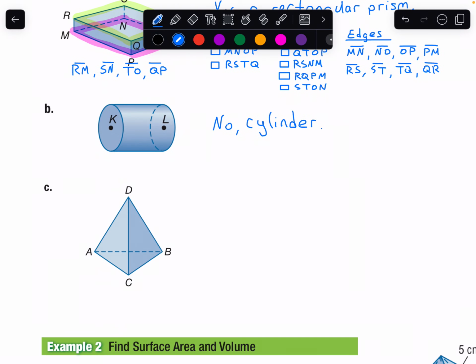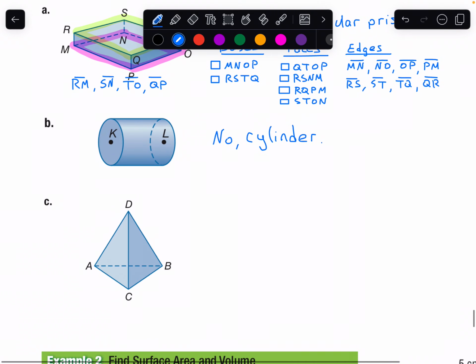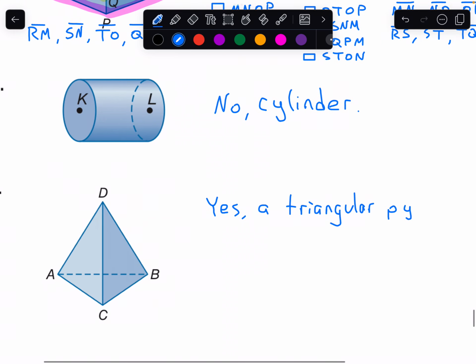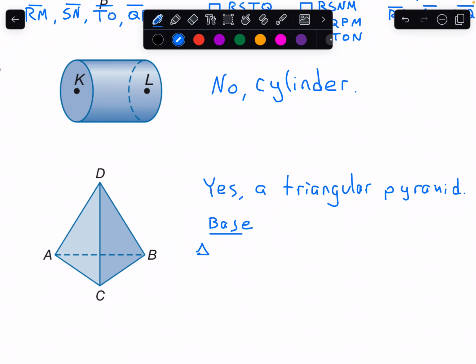Shape C. Yes, this is a polyhedron, and specifically, that would be a triangular pyramid. The triangular pyramid has only a single base. Well, any pyramid has one base. That's triangle ABC.